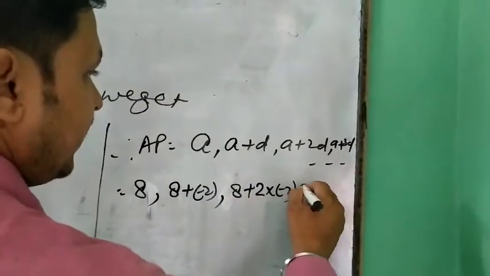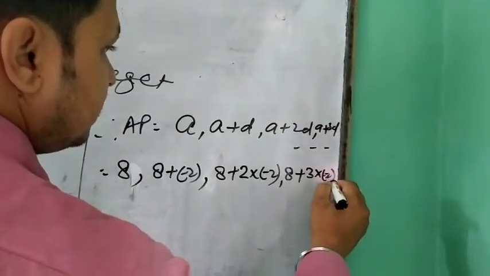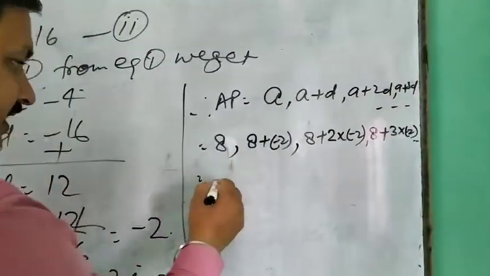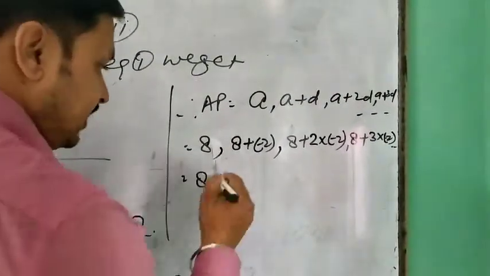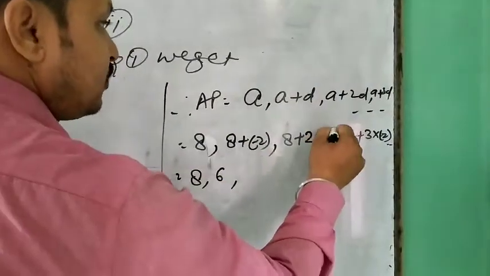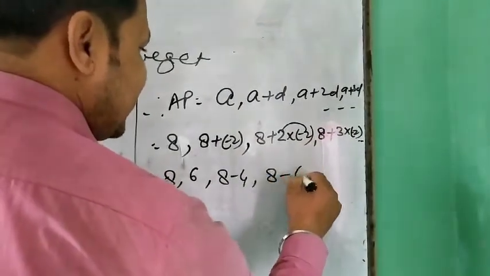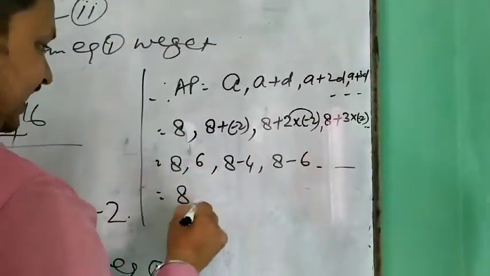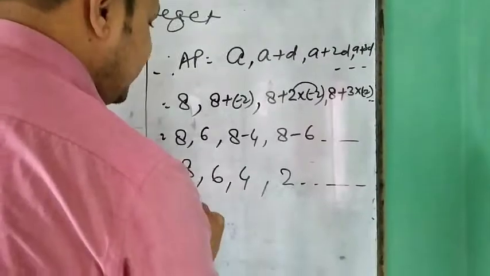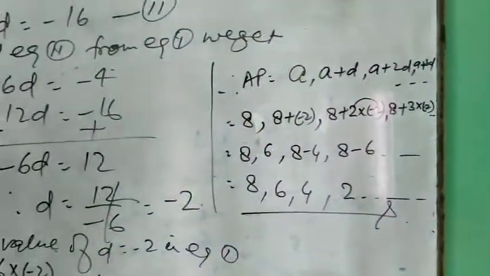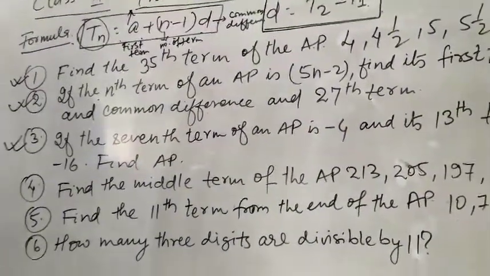Your fourth term is 8 plus 3 into minus 2, and so on. When we subtract 2 from 8, we get 6, and 2 2s are 4, 8 minus 4. Your result is 8, 6, 4, 2 and so on. This is your AP. So we solved the third question.